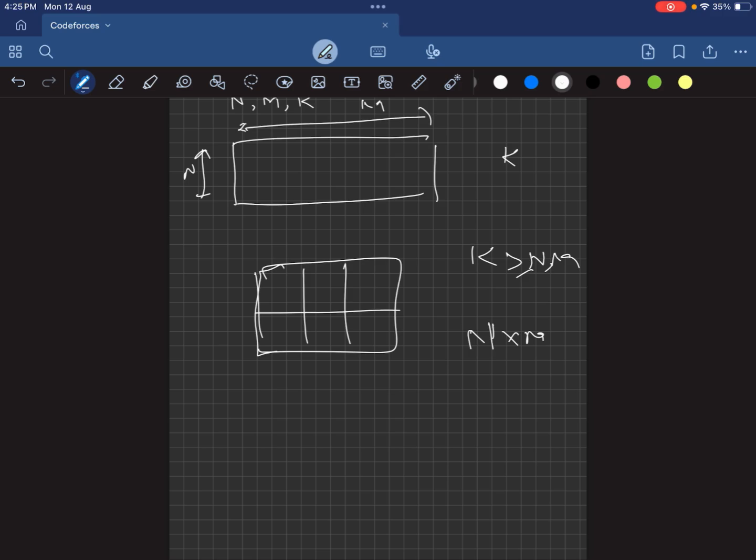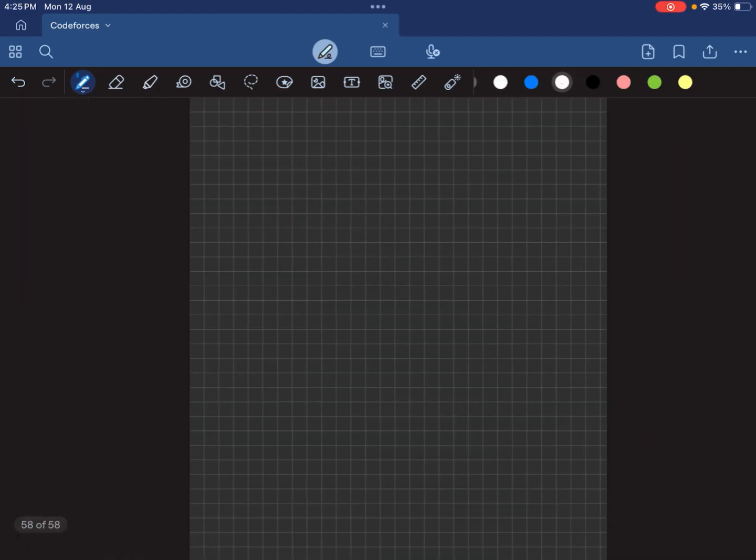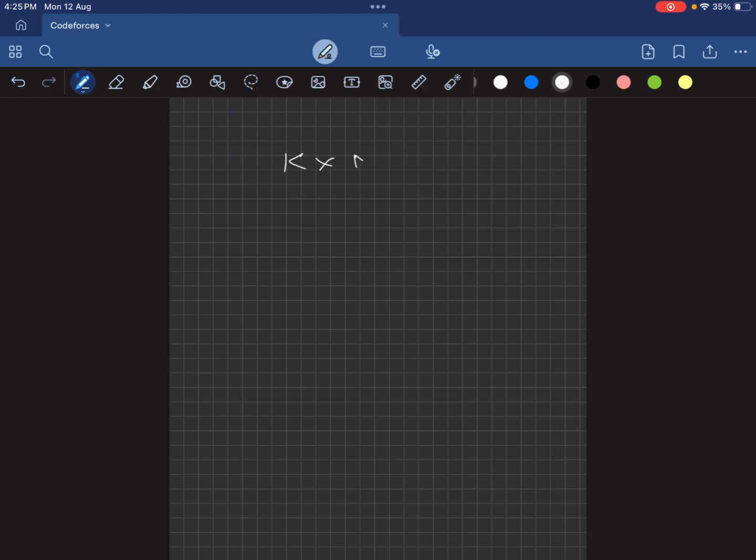The only case that remains is, without loss of generality, if m is smaller than n, and k is between m and n. What will we do in this case? In this case the answer will be k into m.